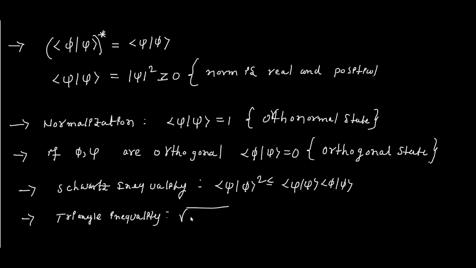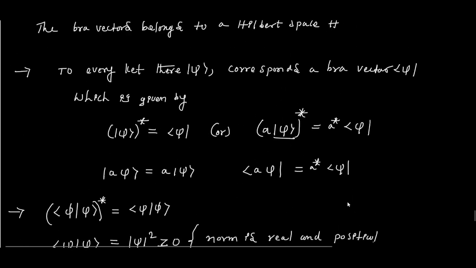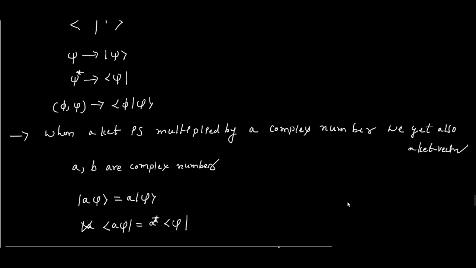So that is the root of wave function psi and phi. This is one state and the other state like this. So these are the properties of the Dirac notations.